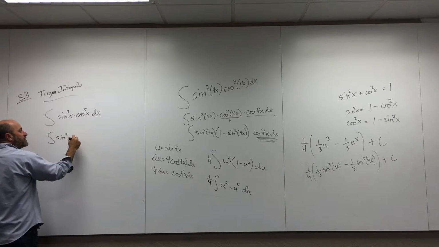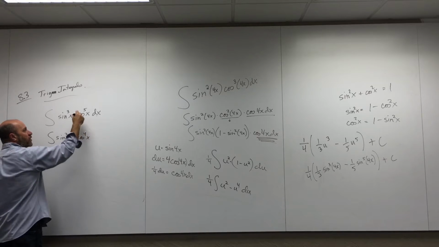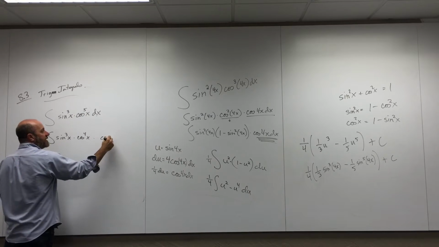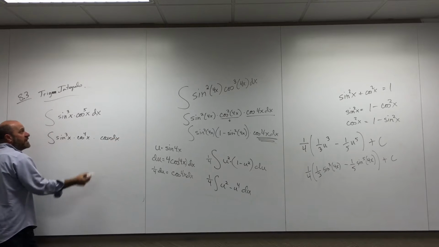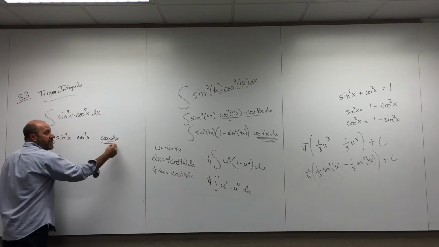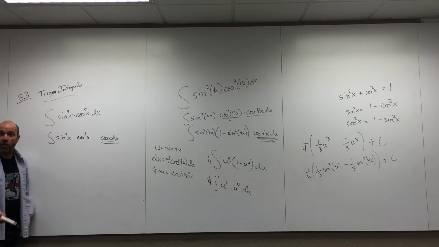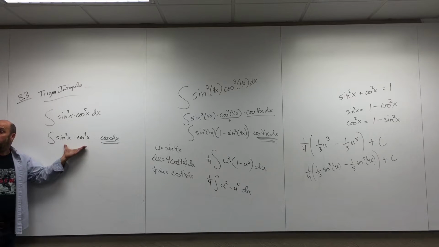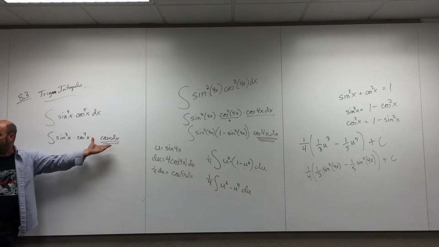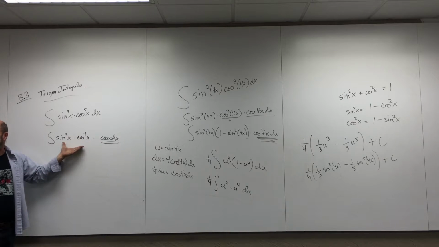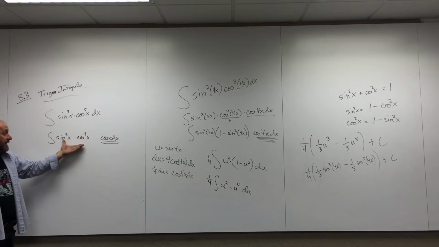I'm going to call this cosine to the 4th and put one of those cosines out on the end. Now that means I put one out on the end to save for my du, which means I want all the rest of this to be sines, because I want to let u equal sine, and that'll be my du. How do I get all this to be sines?